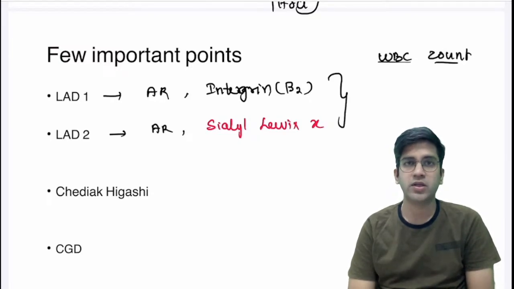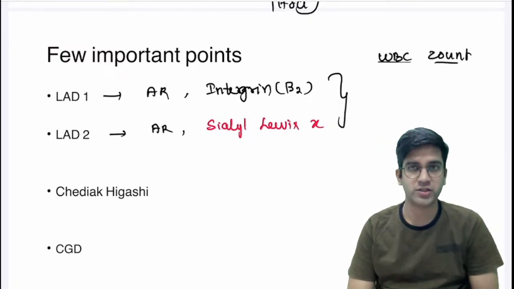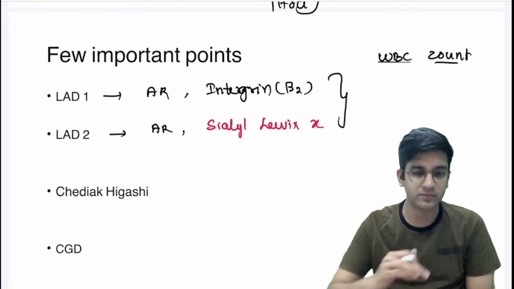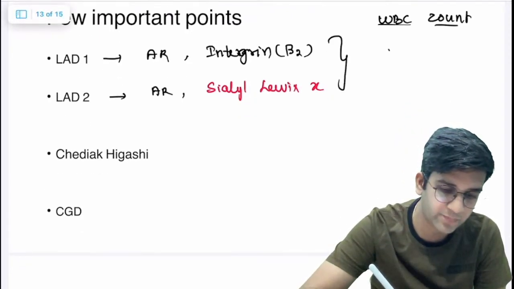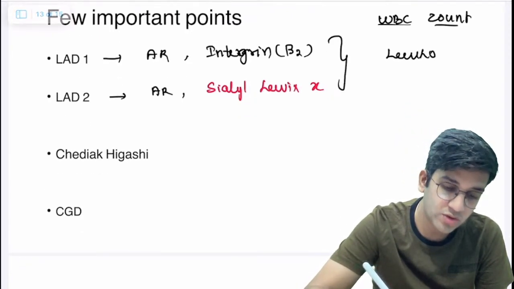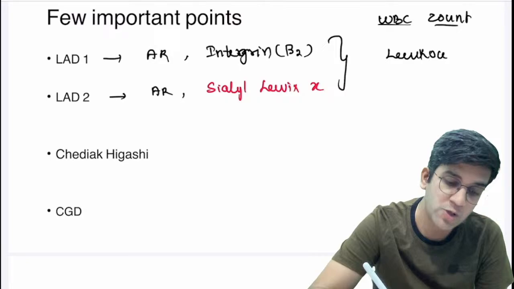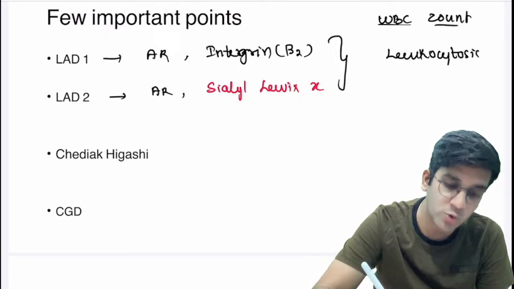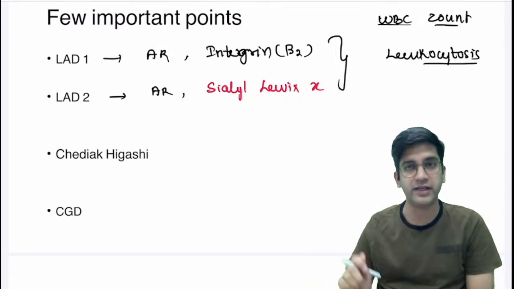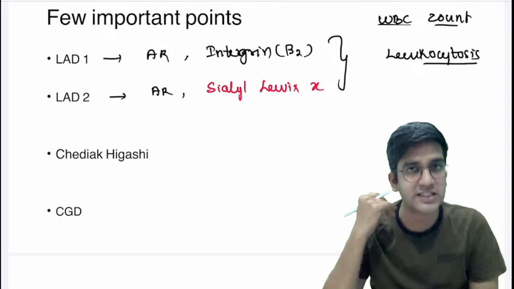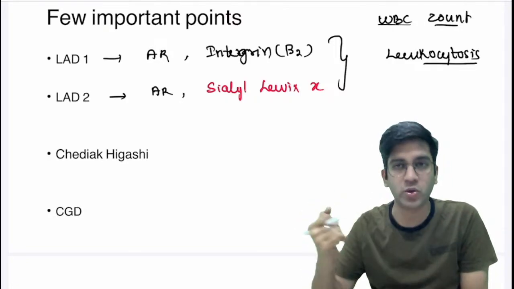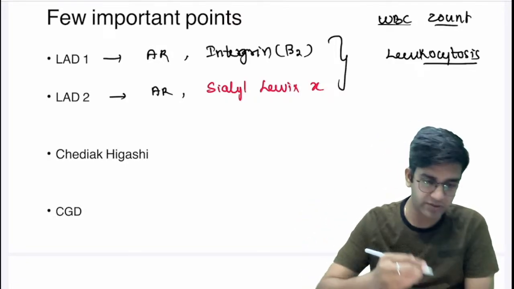The WBC count, leukopenia or leukocytosis? Though they are immunodeficiency disorders, you will have leukocytosis, not leukopenia. It will be elevated because the cells are formed, they are not able to go outside. A classical finding here. Fine, perfect.